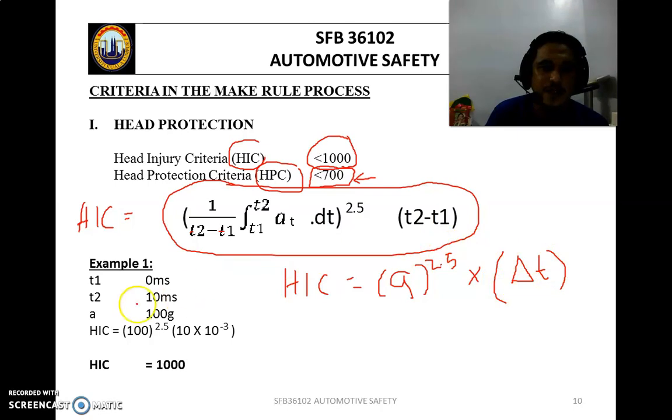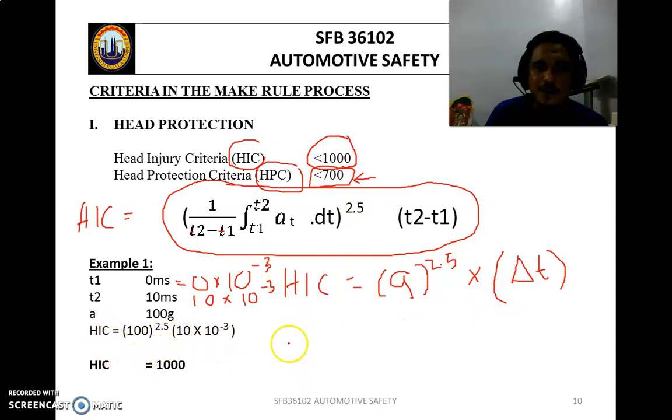Alright, let's see one example. Let's say T1 is 0 millisecond, ms stands for millisecond. T2 is 10 milliseconds. That means here is 0 times 10 to the power of negative 3, and here is 10 times 10 to the power of negative 3. So how do we calculate the HIC?